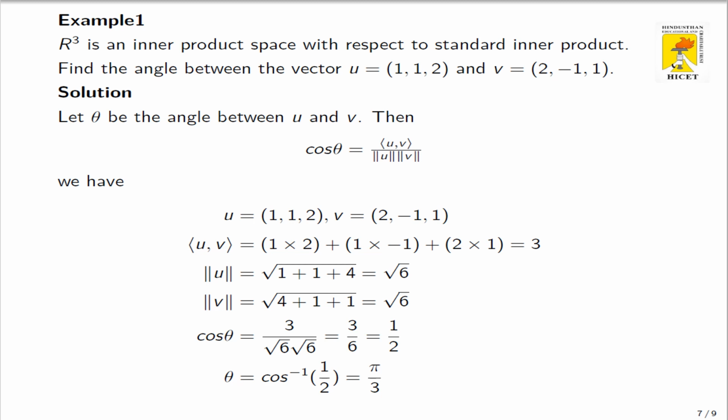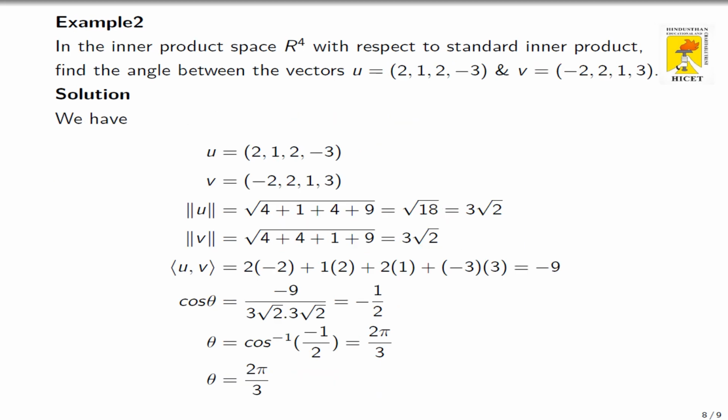Then we need to find the inner product of u comma v, and norm u and norm v. Using the inner product and norm, we got the inner product of u comma v equal to 3, norm u is equal to root 6 and norm v is equal to root 6. After substitution, cos theta is equal to 1 by 2. Finally, we get theta is equal to pi by 3.